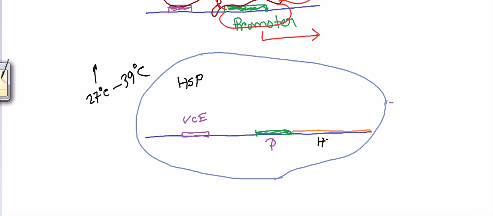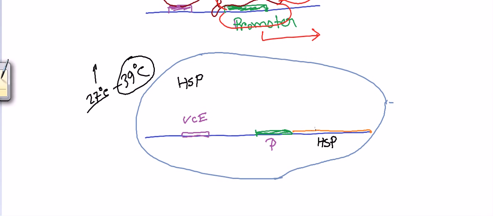Now this gene is encoding a protein of HSP. They need to transcribe this gene, but when the temperature was normal, like 25 to 27 degrees Celsius, cells don't need this HSP, so the transcription of this HSP gene was previously blocked. But now as the temperature is up to 39 degrees Celsius, it needs to reinitiate the transcription and translation of this HSP gene. So for that purpose it needs to switch this HSP transcription on.